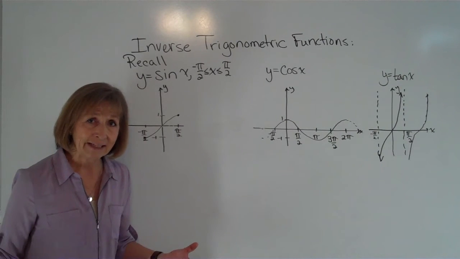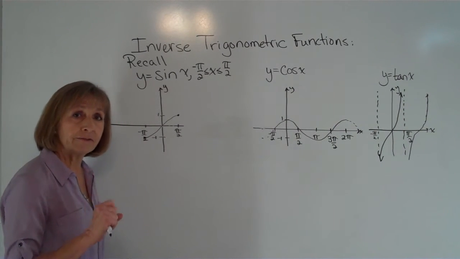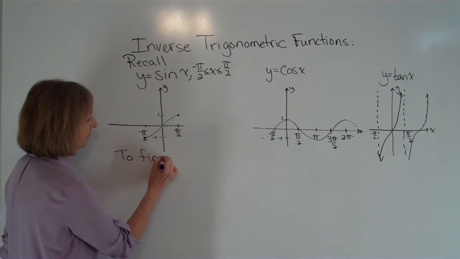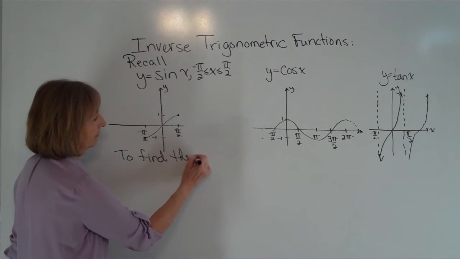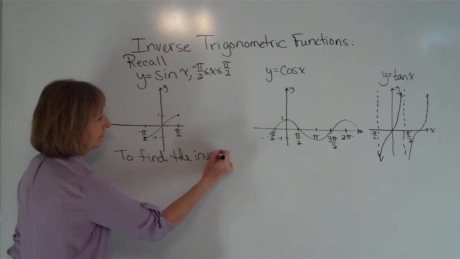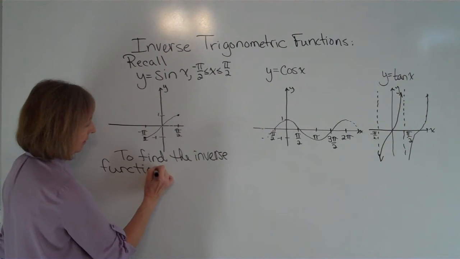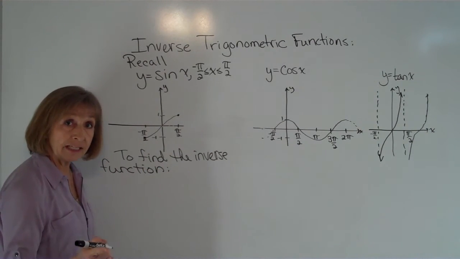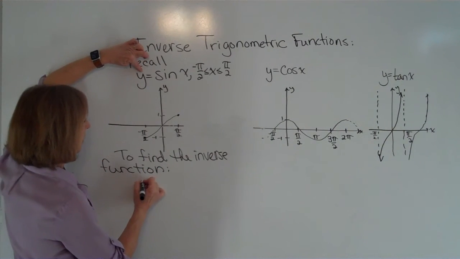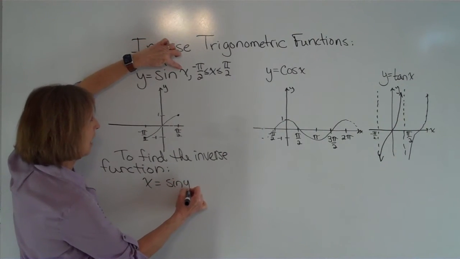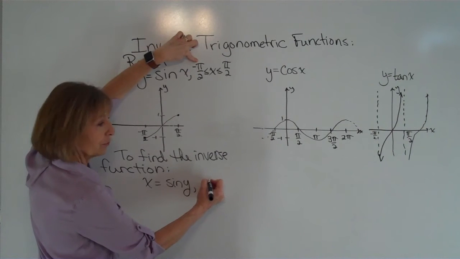Now, how do we find that inverse? Well, if you'll recall, the first thing we do is switch the x's and y's. So we write x is equal to sine of y, even in the restriction.